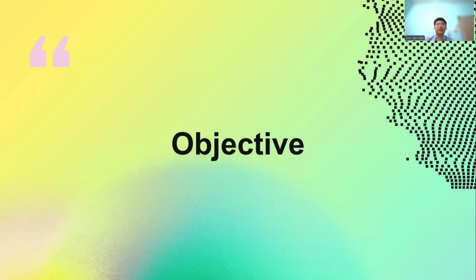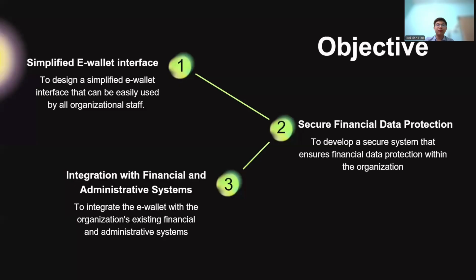And also the objectives. Firstly, to simplify the e-wallet interface. For this project, we will design an e-wallet system whose interface is easy to use and nice to view for all the staff within the organization.